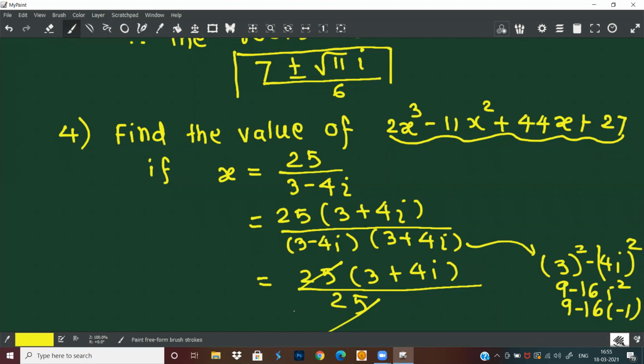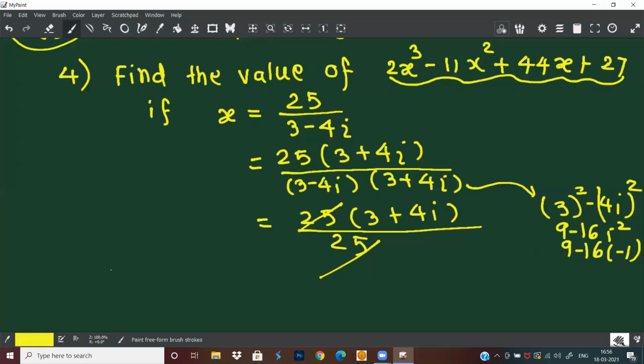Suppose you write this answer as 5 upon root 3, if I am a teacher I would not give it wrong, but this is incomplete. It is a convention, irrational or imaginary. So my x is 3 plus 4i. This is the first stage of the sum.